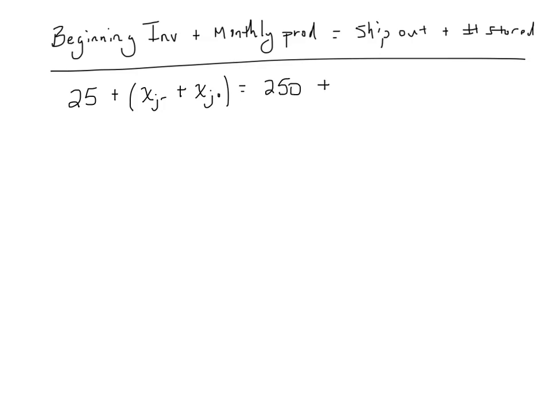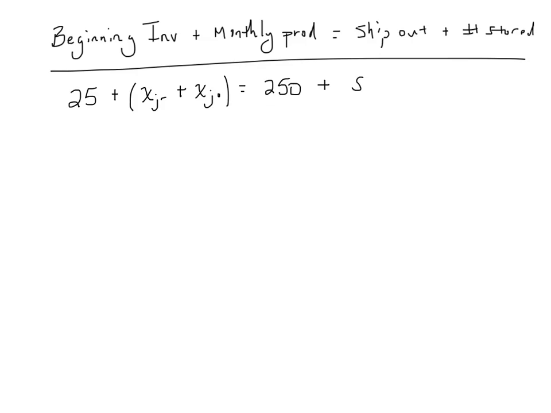And then this is called the balancing part of the equations, where we're going to balance the equations, or the flow balance. So the amount that we store at the end of July, right? That's why I named it the end of July.